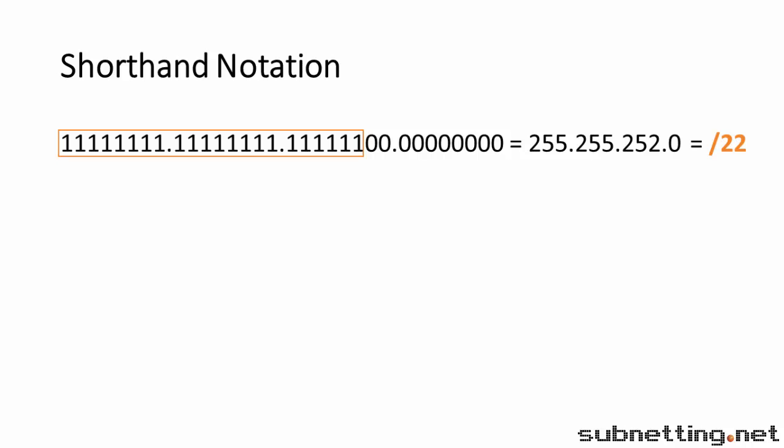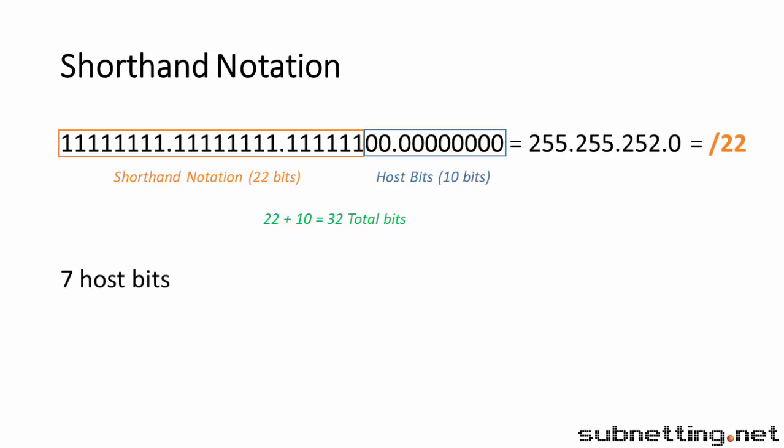Now that we know that shorthand notation is the number of 1 bits in the subnet mask, and the number of 0 bits in the subnet mask is the number of host bits, since we also know that a subnet mask always has 32 total bits, we can easily calculate one if we know the other. For example, if we have 7 host bits, then our subnet mask would be 32 minus 7, which is /25.